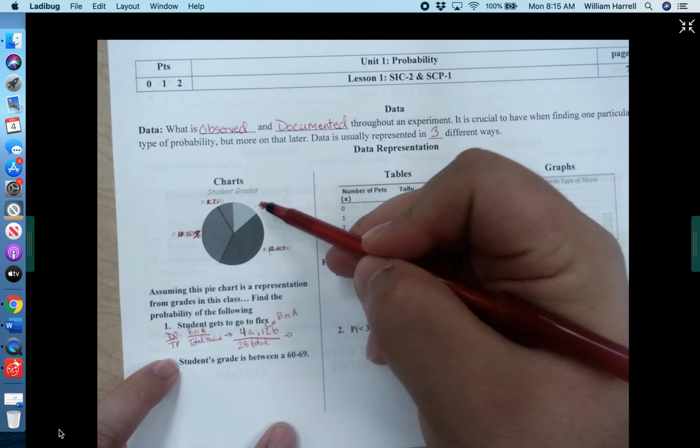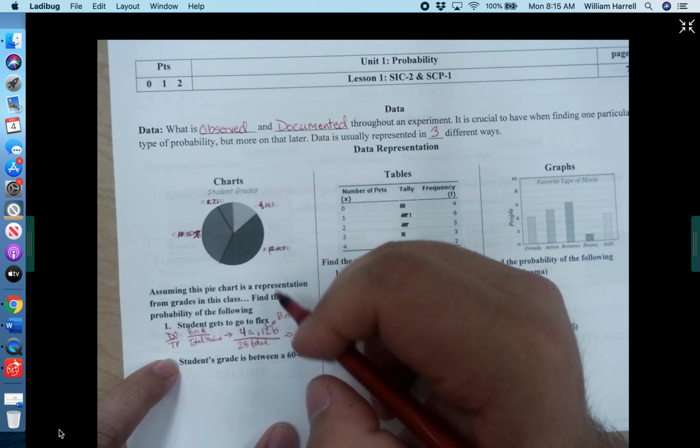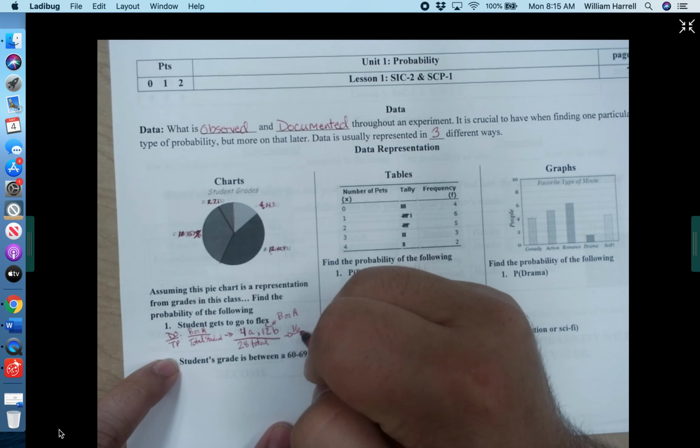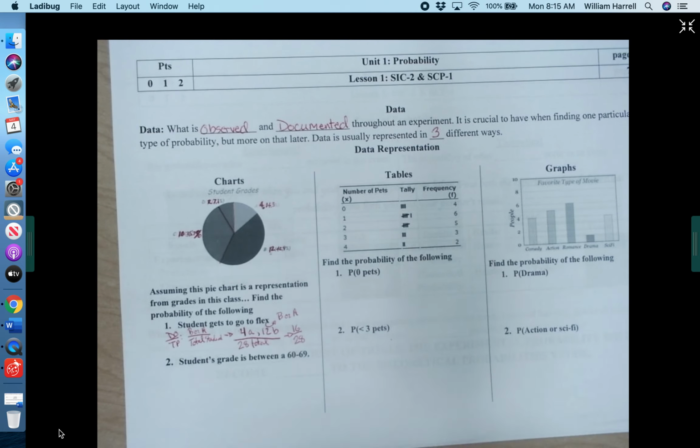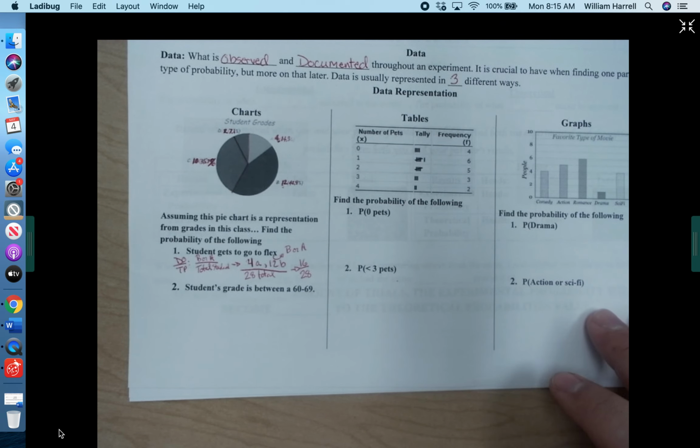Again, if you have an A or B, I want that, so 4 plus 12, we're going to add these. It'll be 16 out of 28, and again, you could simplify that if you want to, or you can change it to a percentage. Again, I'm not going to waste my time or yours by doing that because you're in math too and you know how to do it.